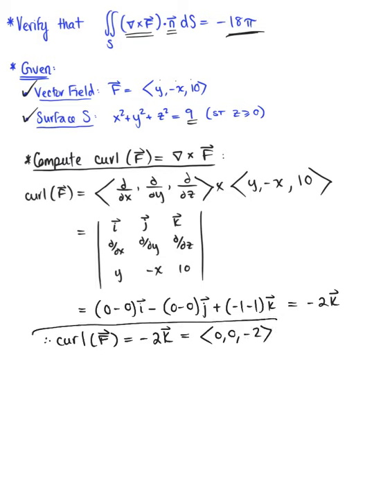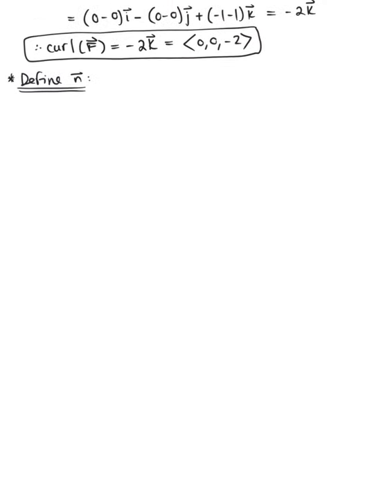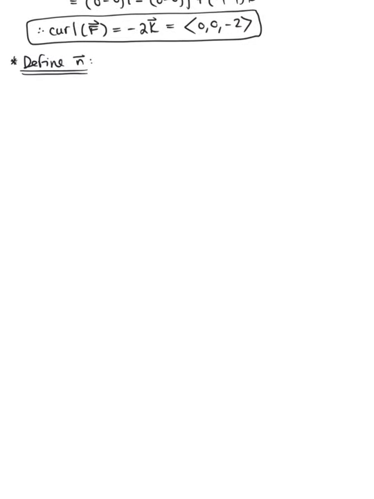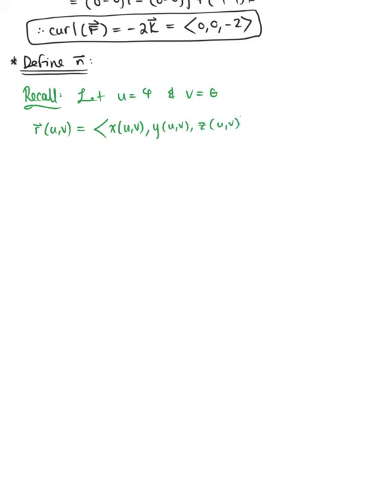All right, so now that we have the curl, we need to find the normal vector. To do this, we're going to need to recall the standard 2-parameter description for a sphere. Let's recall that if we let u define phi, and if we let v define theta, then the 2-parameter description R of u, v has the parameterized components x of u, v, y of u, v, z of u, v.